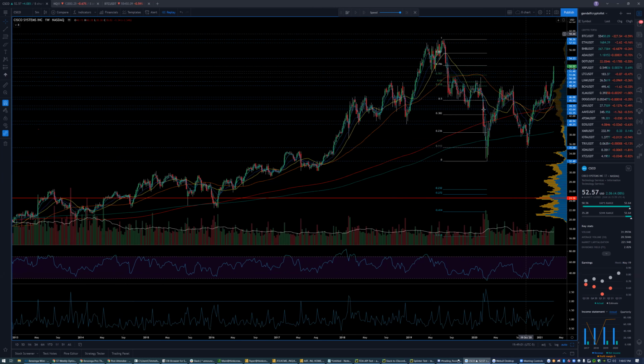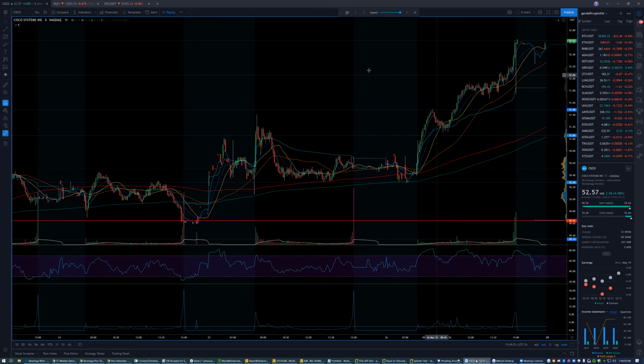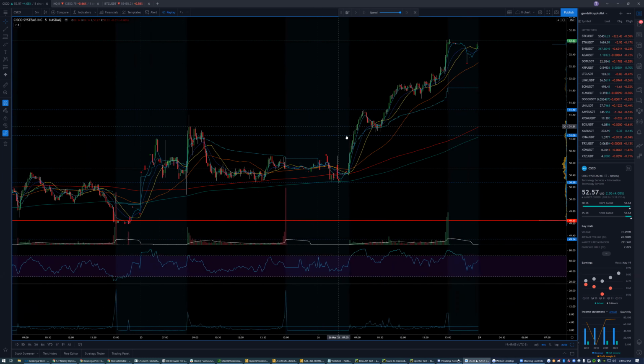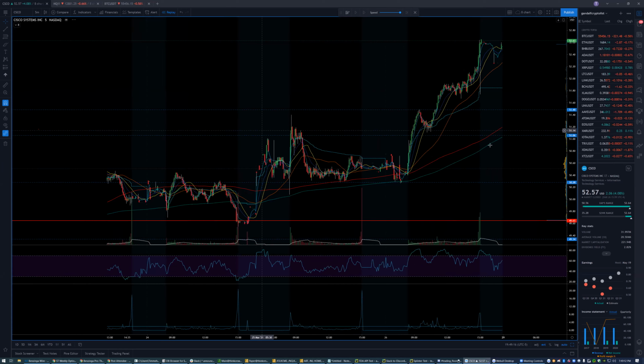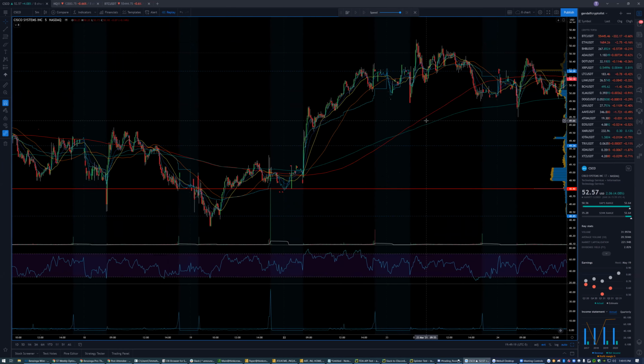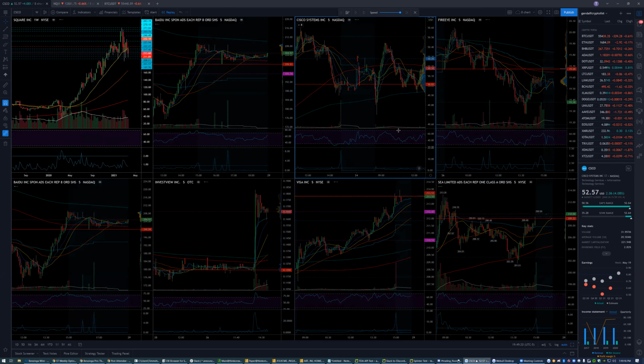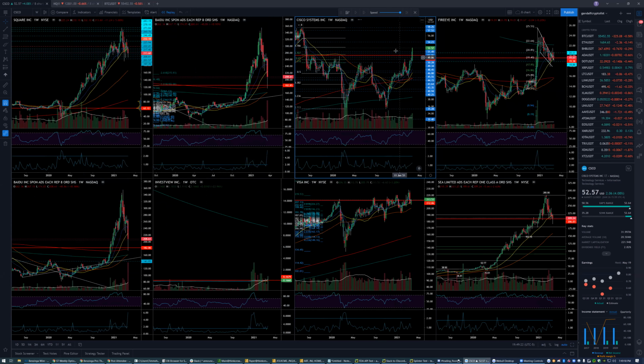But anyway, that's how I would find my levels. And now if we go down to the intraday chart, we can see that these weekly levels we drew have amazing reactions. Look at this weekly level we drew a long time ago. Where was that from? Let's change the color of that one just so we can see.